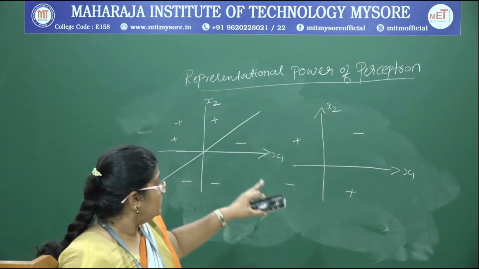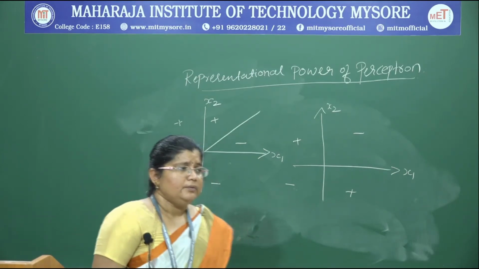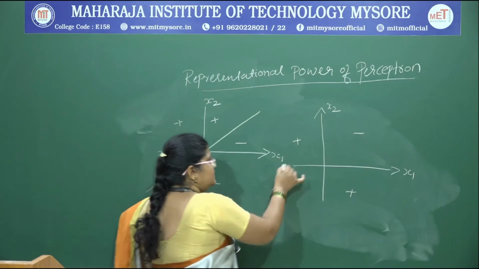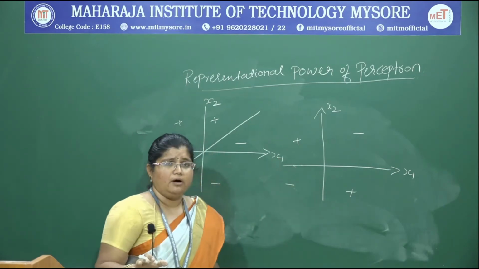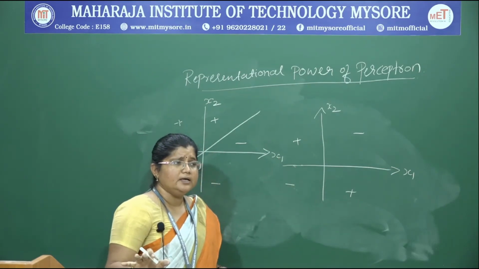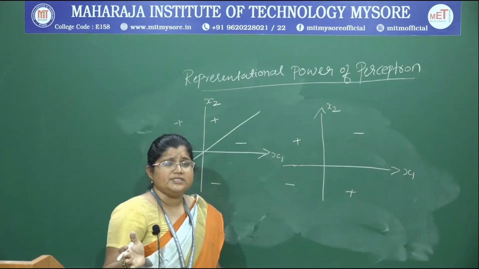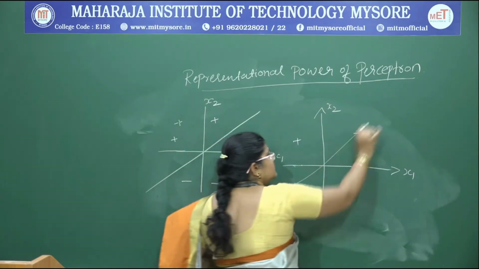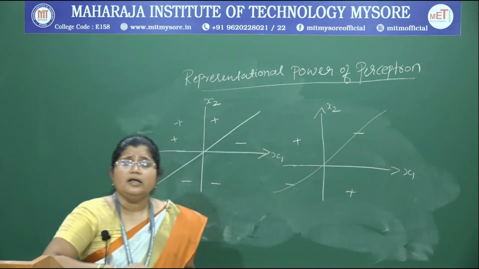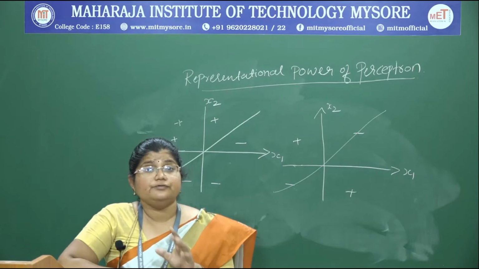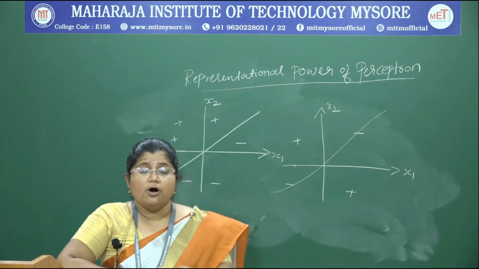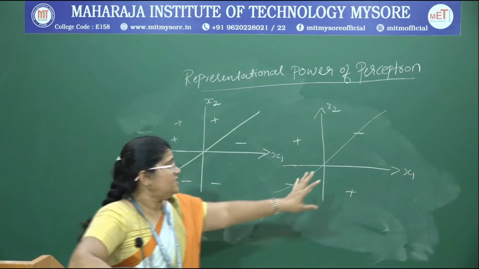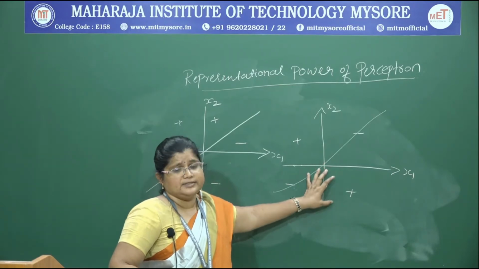But when you look at this example, the perceptron will not be capable of separating the positive and negative instances separately. So a linear separable line will not work for this set of training examples.